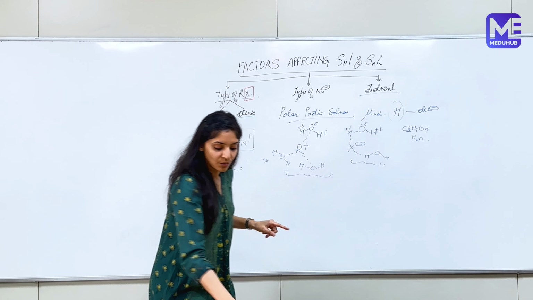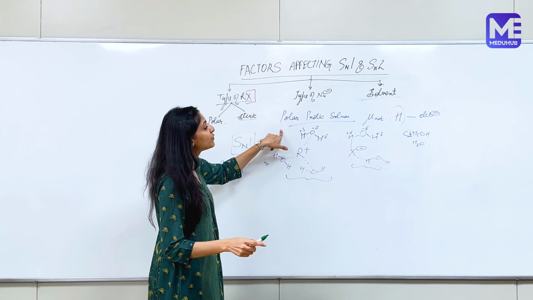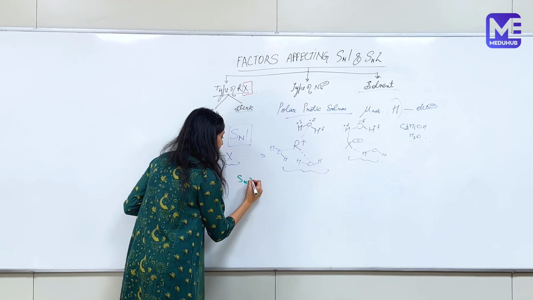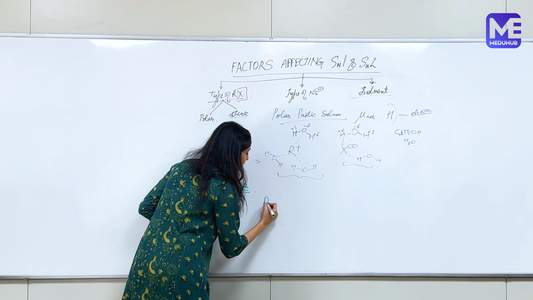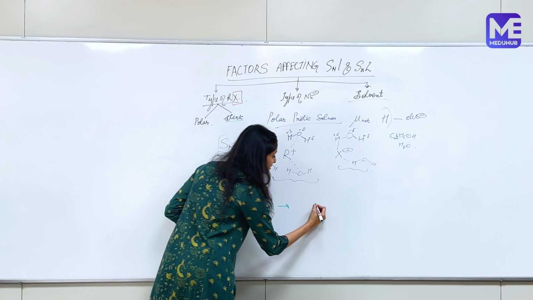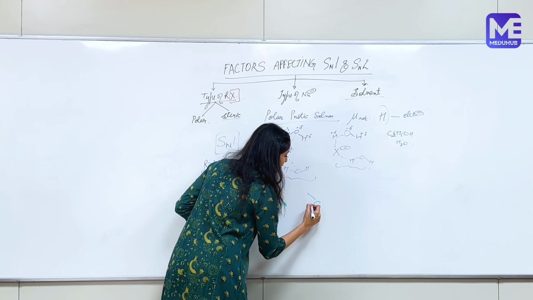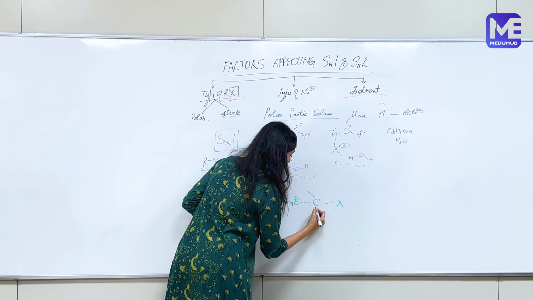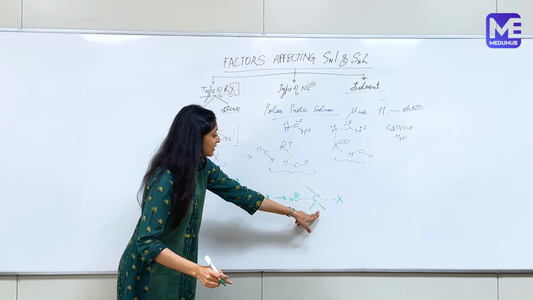be favored. What happens if we use this polar protic solvent like ethanol or water in the case of an Sn2 reaction? In an Sn2 reaction, the reactant gives a transition state where we have OH, say X, and there are 3 groups attached to this carbon.